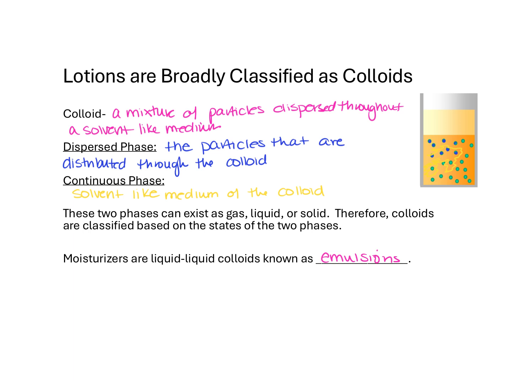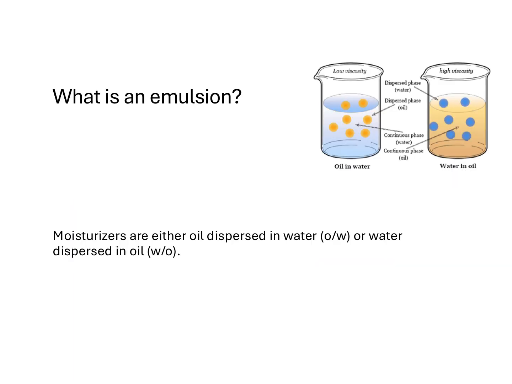So what is an emulsion? An emulsion is just a mixture of two immiscible liquids.